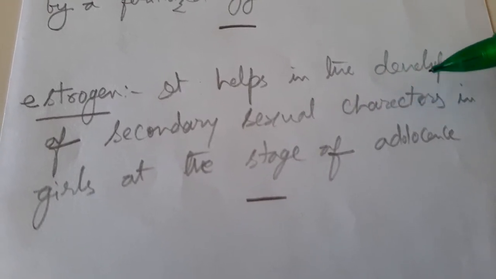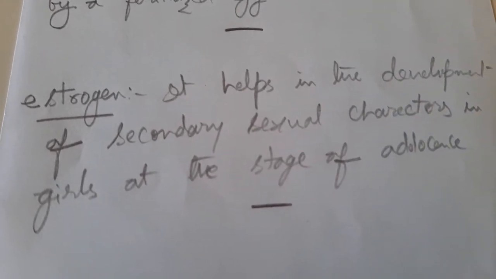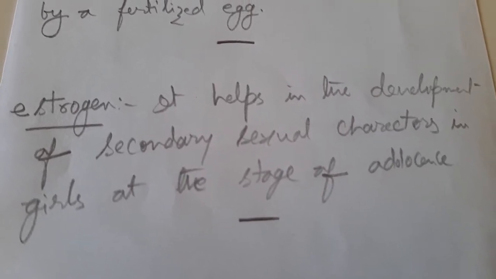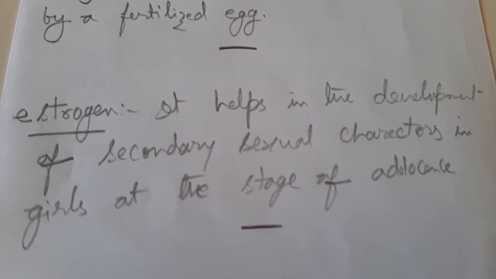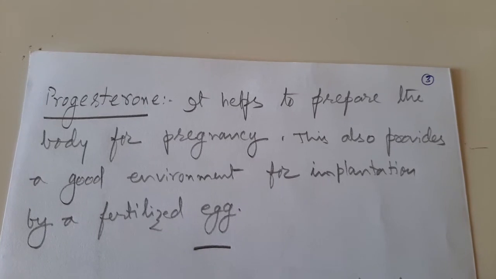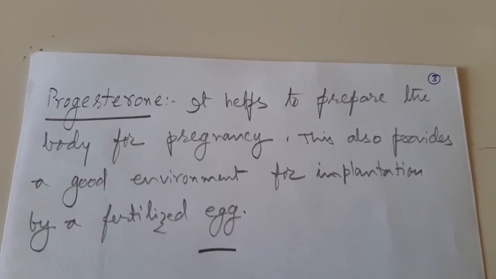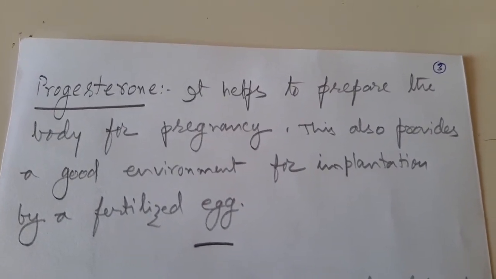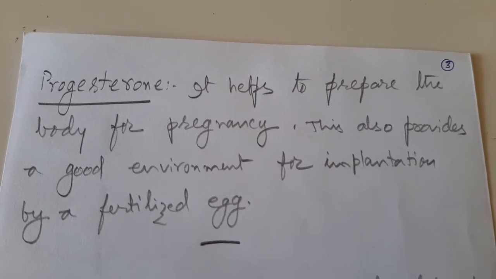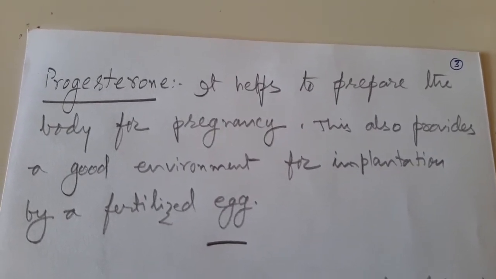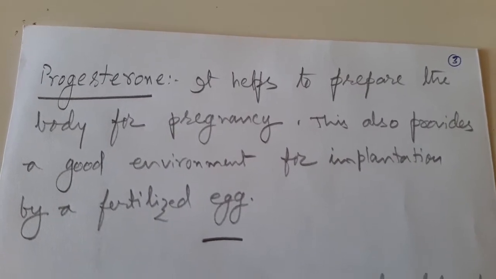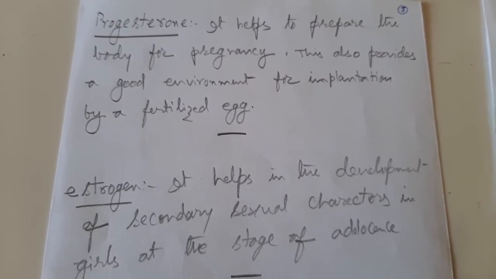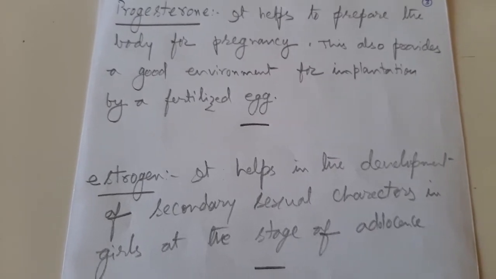This estrogen hormone helps in the development of secondary sexual characters in girls at the stage of adolescence. Now, another hormone. What is the use of progesterone? Progesterone helps to prepare the body for pregnancy. It also provides a good environment for implantation by a fertilized egg. So these are the uses of hormones, estrogen and progesterone, which are produced by the ovaries.